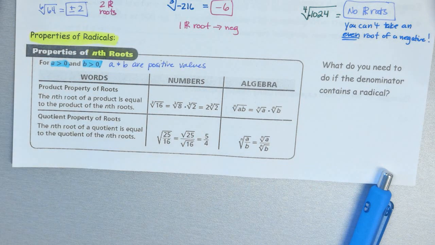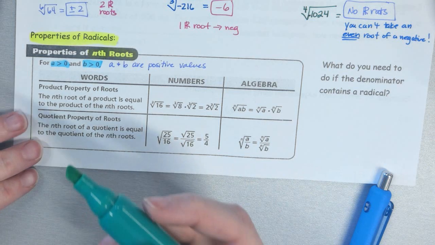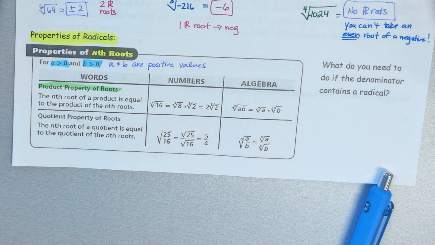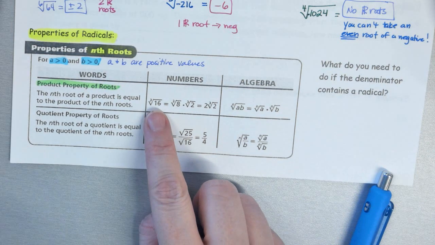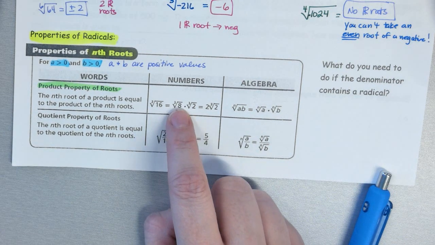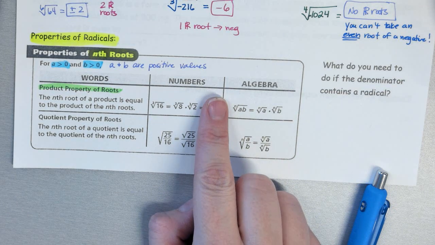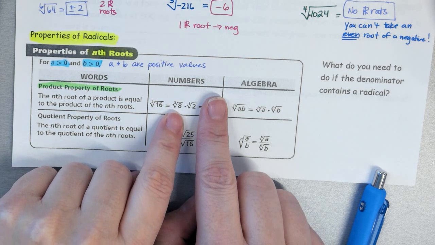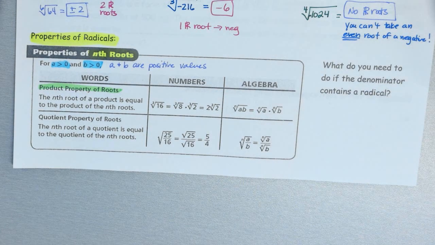The product property should be very familiar to you because we've been simplifying radicals. The product property says that the nth root of a product is equal to the product of the nth roots. Here's an example. If you have the cube root of 16, you can break that up into the cube root of 8 times the cube root of 2. Because 8 times 2 is what? 16. So you can break them up. The reason we want to do that is because what is the cube root of 8? 2.